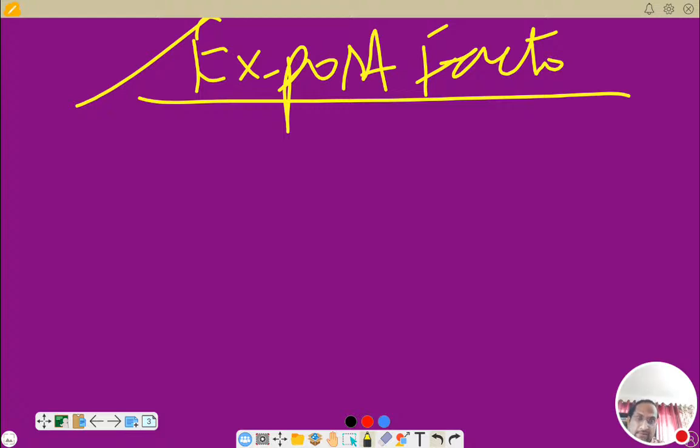The time involvement, the money involvement, the energy involvement is very, very less. So what happens in ex post facto is largely your descriptive type of research.